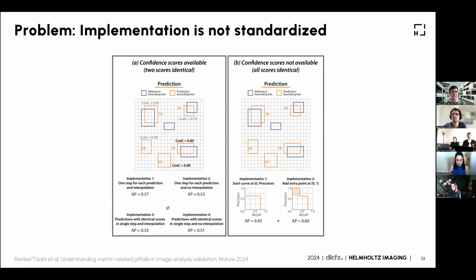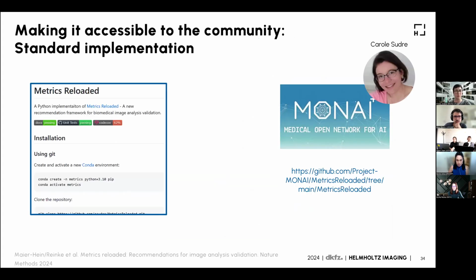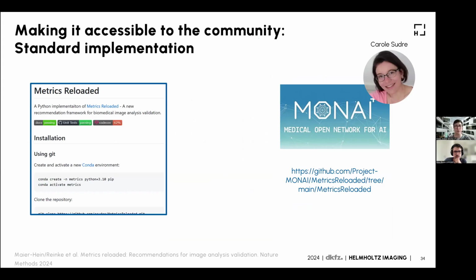Also, we found that metric implementation is not standardized. So here's an example: depending on which library you use, the implementation of the average precision completely differs and will give you very different values across different examples. And we wanted to compensate this by creating a standard implementation in the MONAI framework.